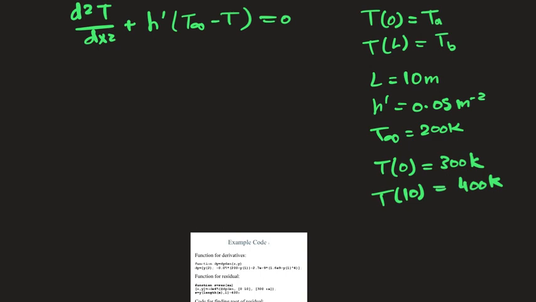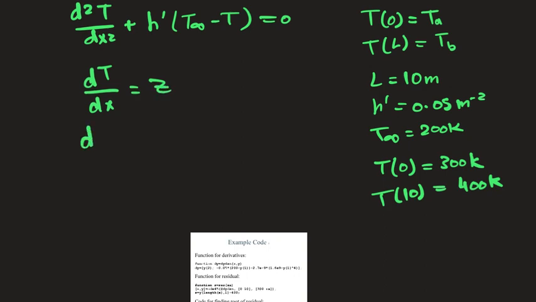Now, if you want to solve this problem, we said first that you have to convert this differential equation into two first-order differential equations. The first one is dT by dx is equal to some newly defined variable, we call it z.